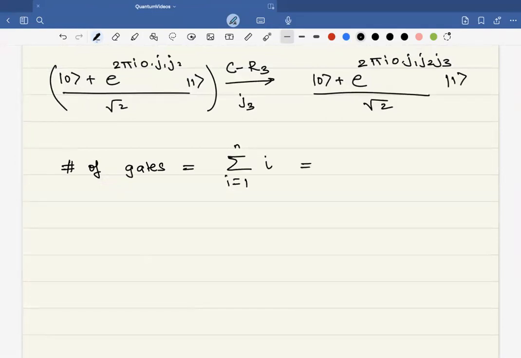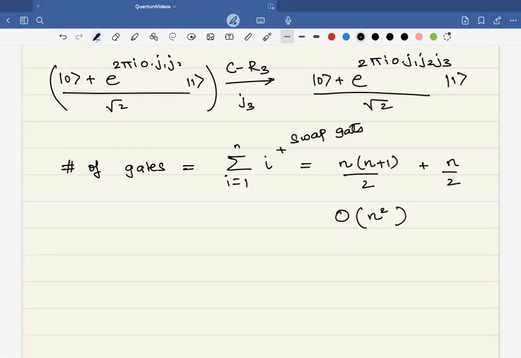This will be n into n plus 1 over 2, and then plus the swap gates, right? So this will be plus maybe n over 2 swap gates. And therefore, this is order of n squared, right? So it's quadratic in n, or if I write it in terms of the dimension of the Fourier transform, then it is order of log n squared.